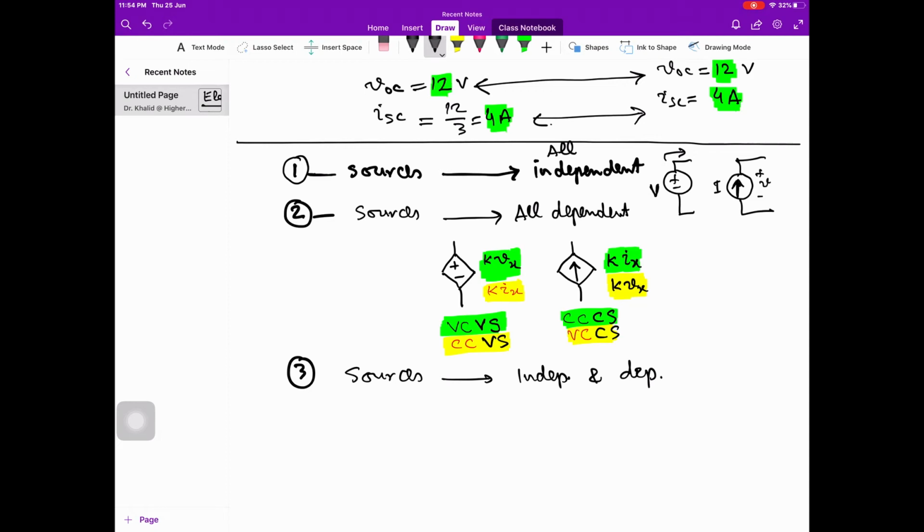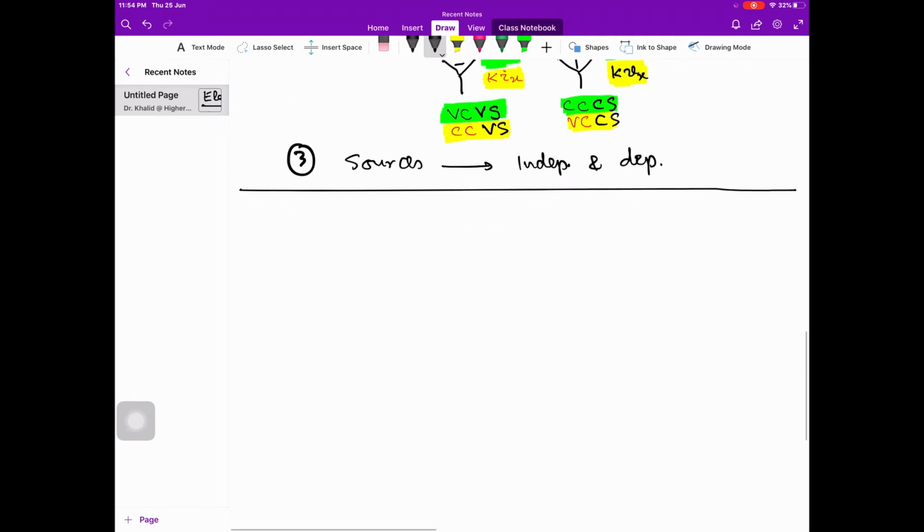In all 3 types of circuits, I will discuss examples to find the Thevenin equivalent and the Norton equivalent. So first of all, I will present an example with all sources independent.